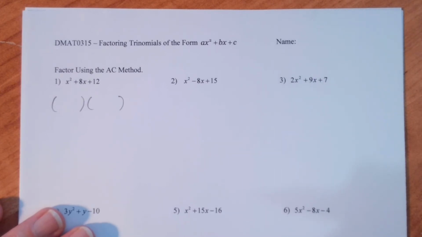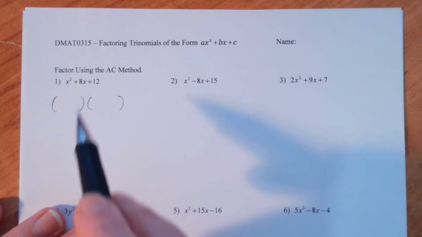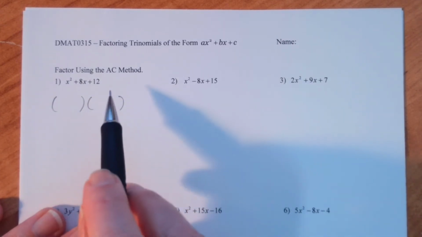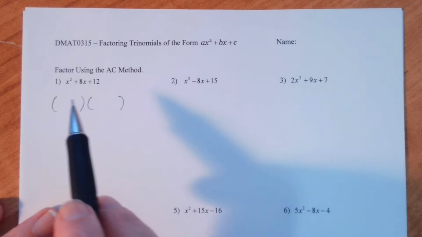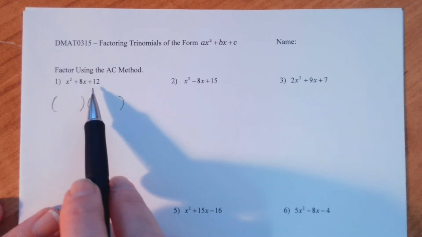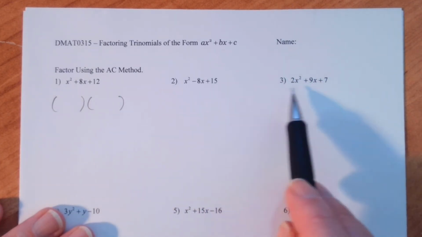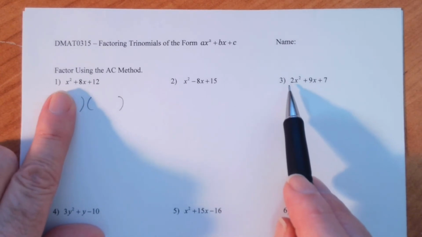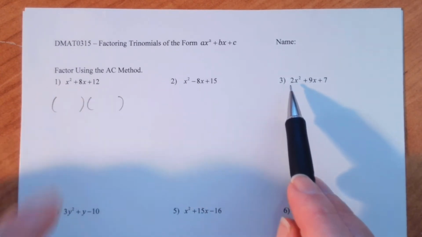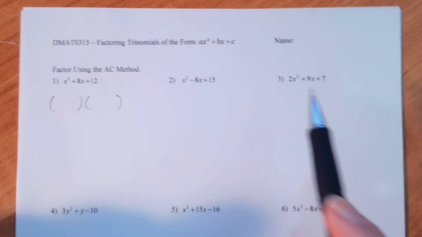But I'll just put it this way, the easiest way to learn this, or what I've found to be the easiest, is the AC method, because you treat a problem like this or like this the same. It doesn't matter if your number or coefficient out front is 1 or not. You're going to use the exact same approach.